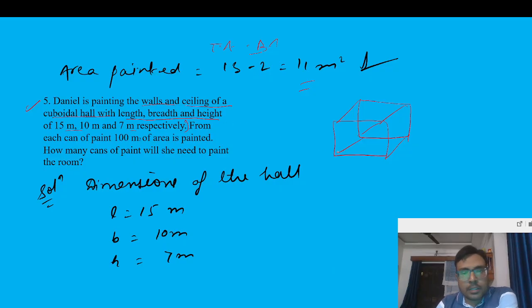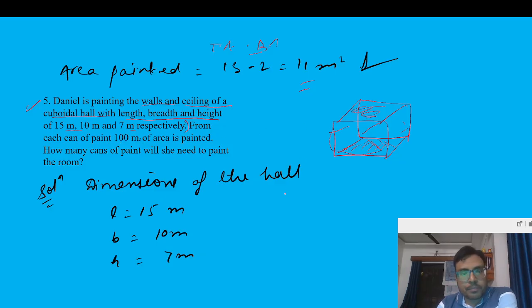Painting the walls means this wall, this wall, this wall, this wall, and the ceiling, this part. But you shall not include the floor. So Daniel is not painting the floor. He's just painting these walls and the ceiling.